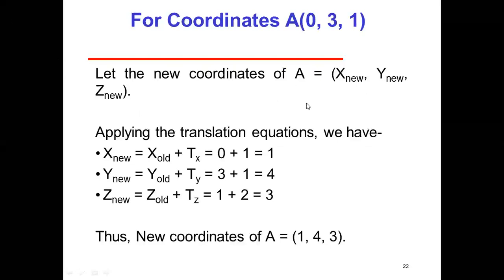So how will we calculate the new points for vertices A, B, C after translation? We are already aware of the formula. We can calculate x new is equal to x old plus dx, y new is equal to y old plus dy, z new is equal to z old plus dz. In this way we can calculate all new values for vertices A, B, C. Thus the new coordinates for A are 1, 4, 3.